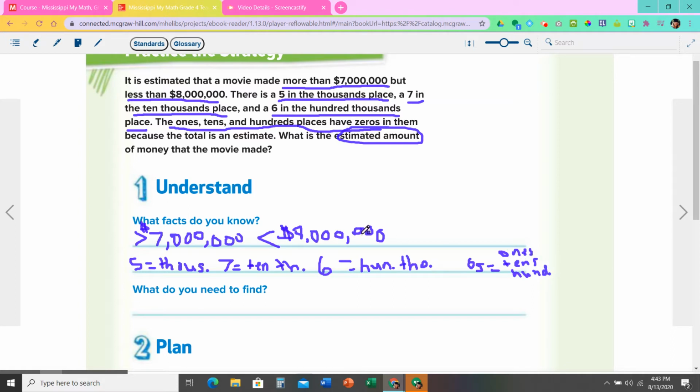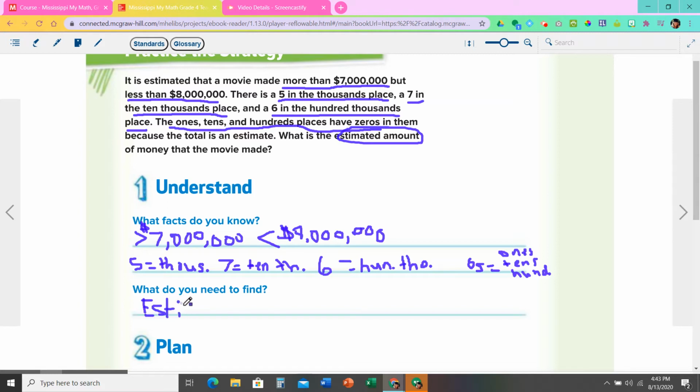Short and sweet. We're not rewriting the paragraph because that's not going to help me do anything because I can just reread it instead of rewriting it. All right, what do we need to find? We need to find the estimated amount of money that the movie made. So that's what we're going to write.